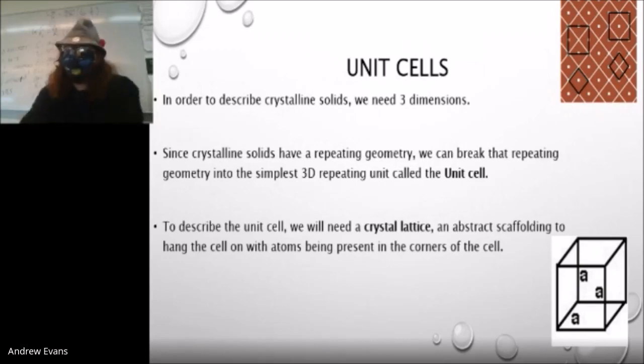Looking two-dimensionally at this little pattern up here, you could draw 4 different unit cells depending on where you put the scaffolding. You could put it at the bottoms of all the diamonds, and if you move that box up, down, left, right, you're going to get the same pattern. You could put it at the center dots of the diamonds, and if you move that box up, down, left, right, you're going to get that same box pattern.